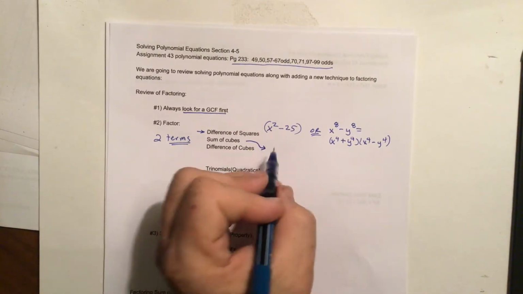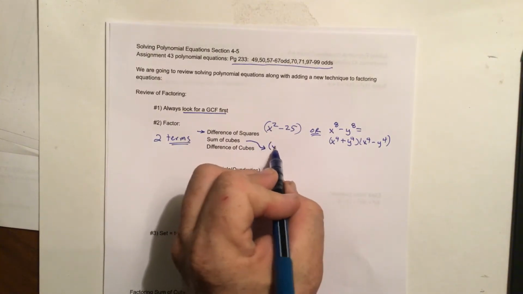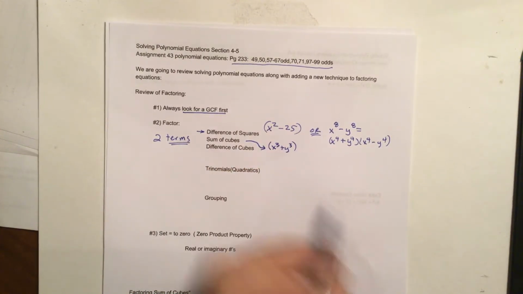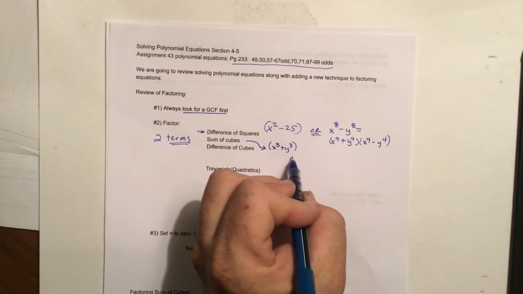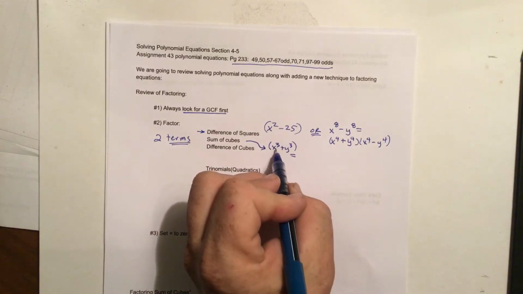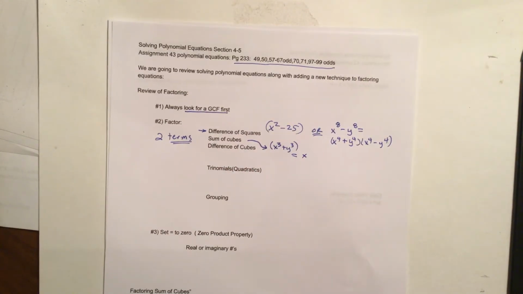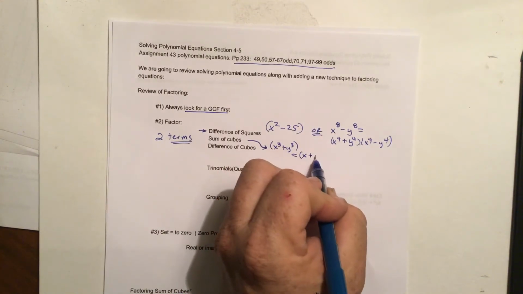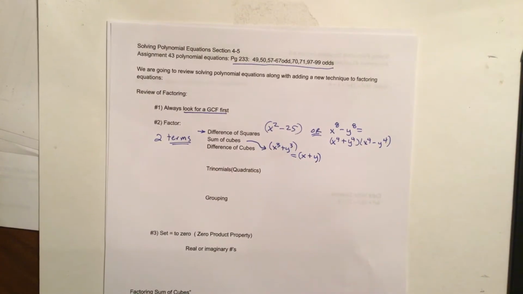Sum of cubes is a little different. If we go x cubed plus y cubed, we're going to take the cube root of the first one, which is x, and the cube root of the second one, which is y.